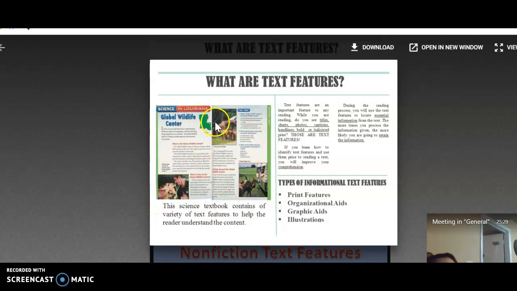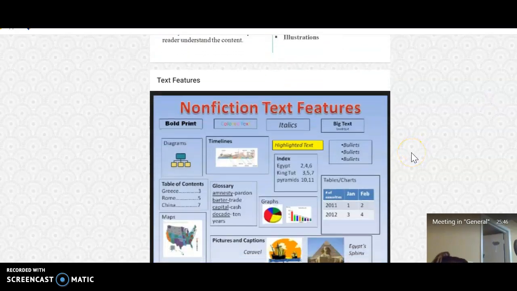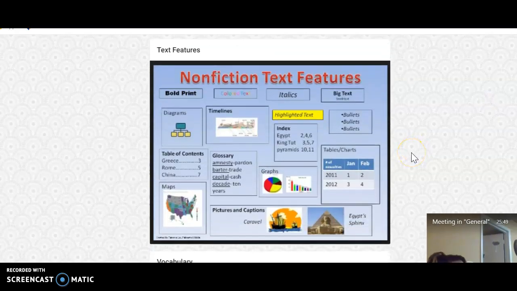You know, we see photos with captions. There are headings in red. Those headings are in red, okay? And I'm looking very closely. It's kind of hard to see. I don't see any bold words or italicized words, but I have another one that gives you a better idea of what I'm talking about.